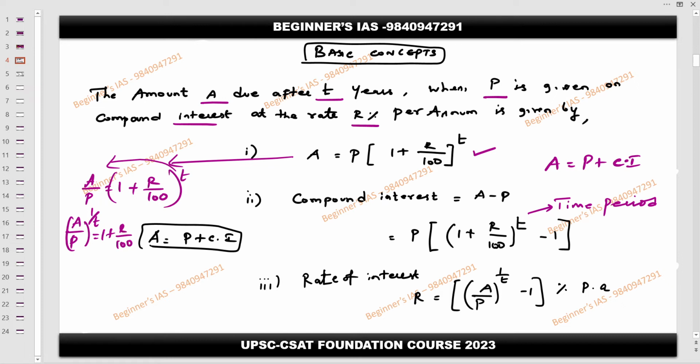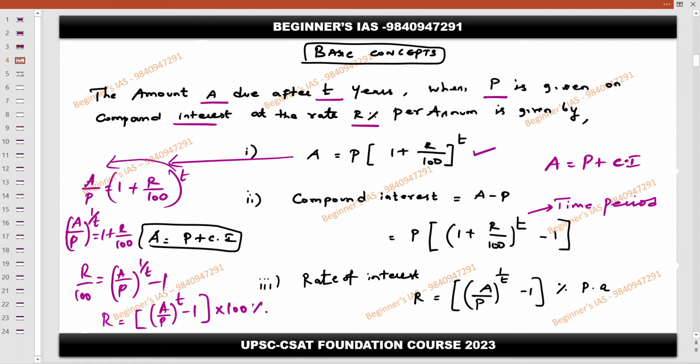Then that 1 goes to the LHS: A by P the whole power 1 by T minus 1 is nothing but R by 100. So R is equal to A by P the whole power 1 by T minus 1, times 100%. To calculate the rate of interest you can use this one.